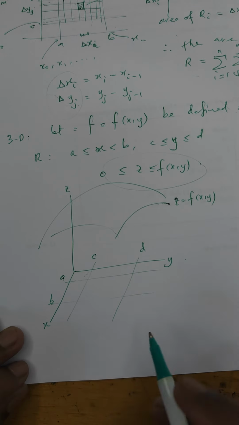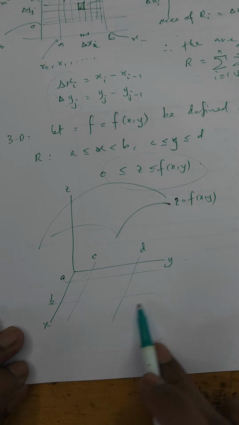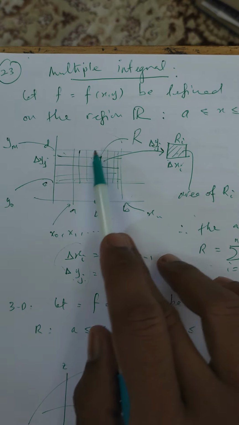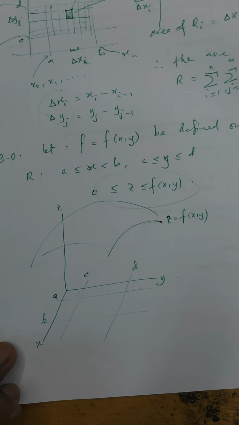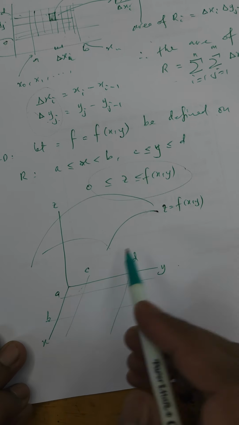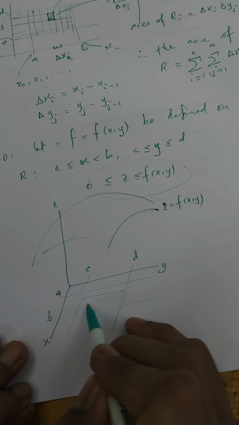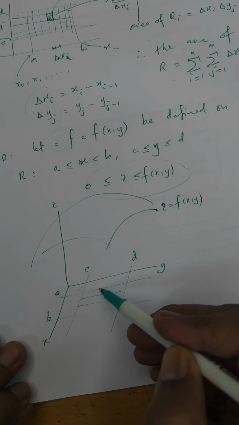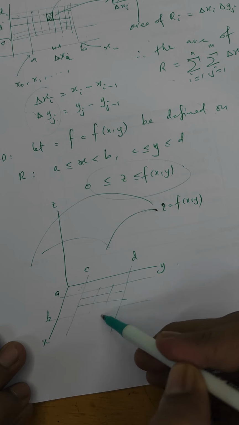On the xy plane, again I can split into small pieces. We can split interval AB into sub-intervals and CD into sub-intervals. I can do this as much as I want.